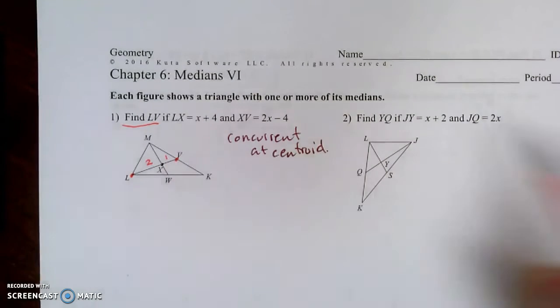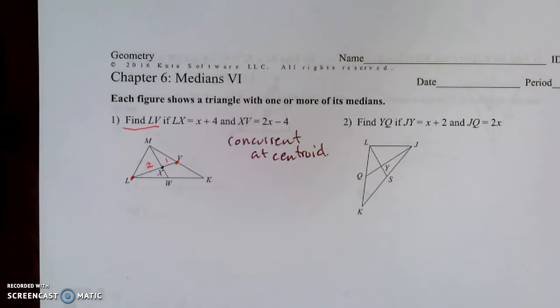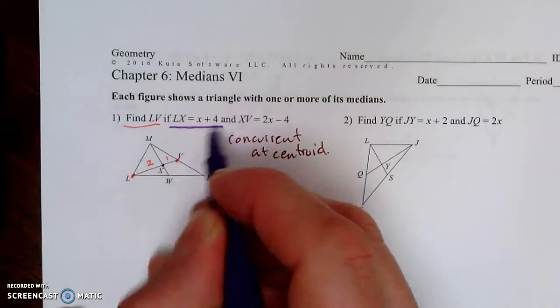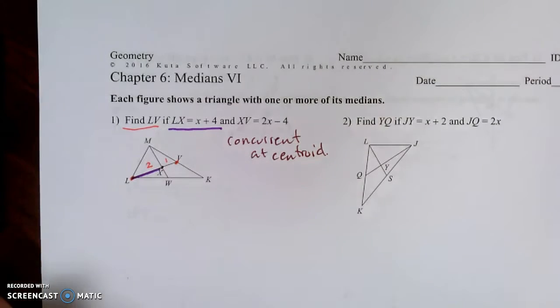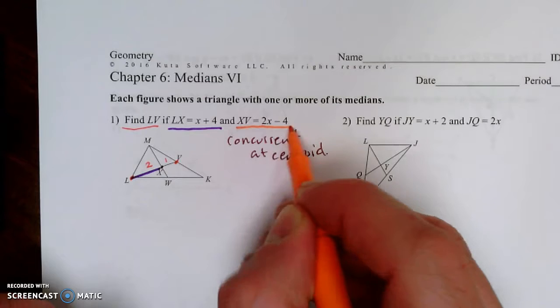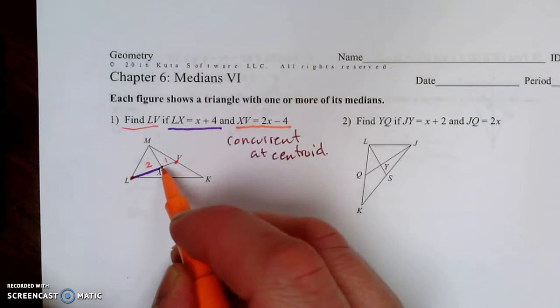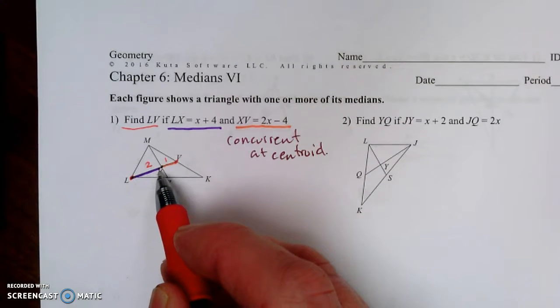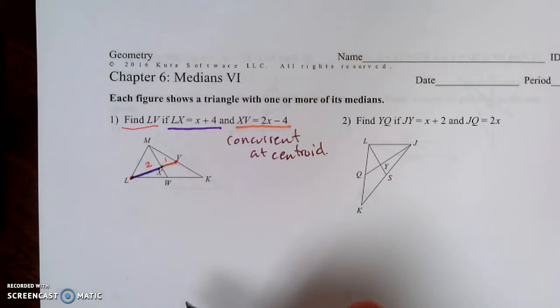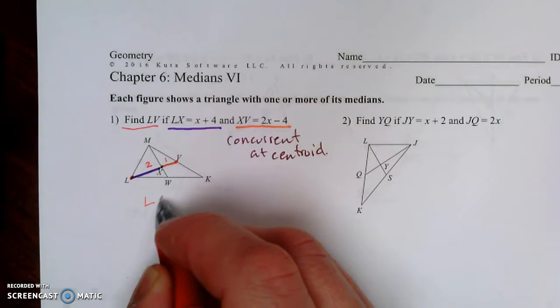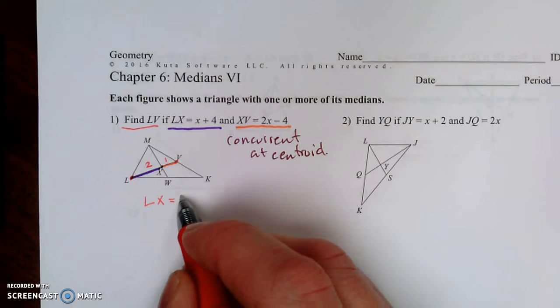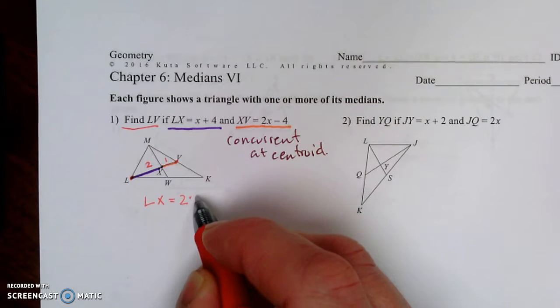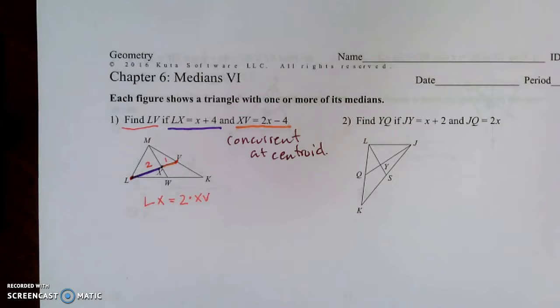So let's take a look at what we're given. We've got LX, so this is LX right here. That's this distance here. And then we've got XV over here, and that is this side right there. So LX is going to be twice as long as XV, or LX equals 2 times XV.